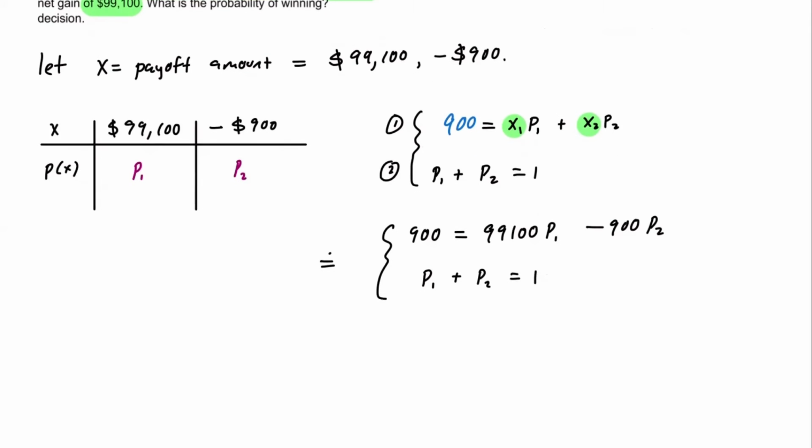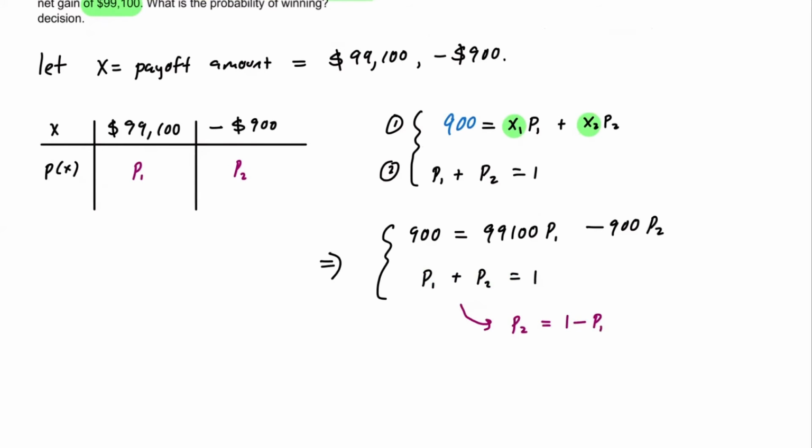All right, now we can start solving. We're going to use the substitution method. I'm going to take this equation and solve for P2 in terms of P1. You could solve for either of them, but since we're after P1, that's what I'm going to do. P2 will be 1 minus P1, by subtracting P1 on both sides.